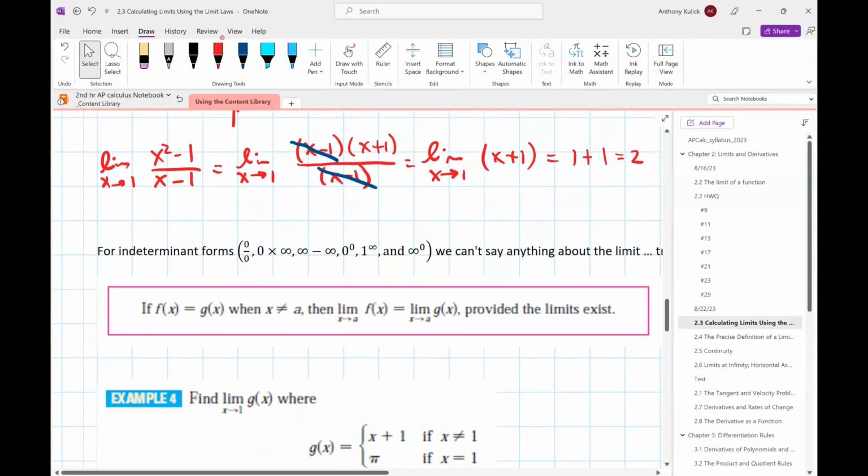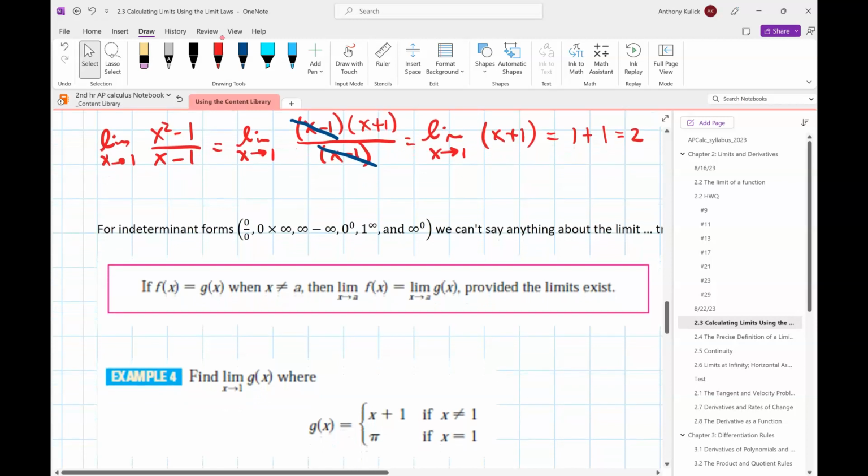So the next little property here says if f of x equals g of x when x is not equal to a, then the limit as x approaches a of each of them are equal, provided the limit exists.